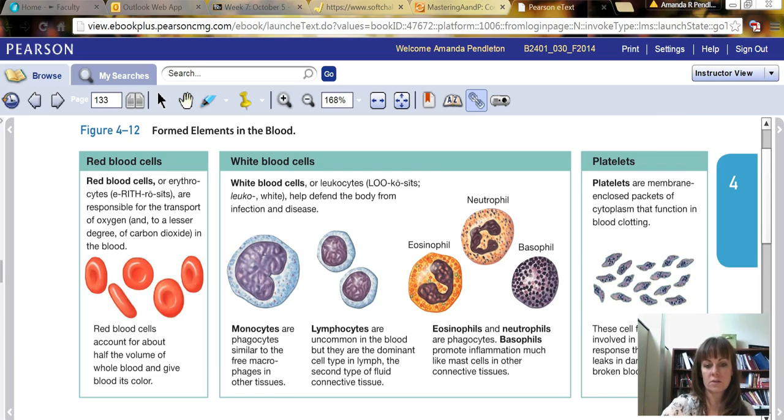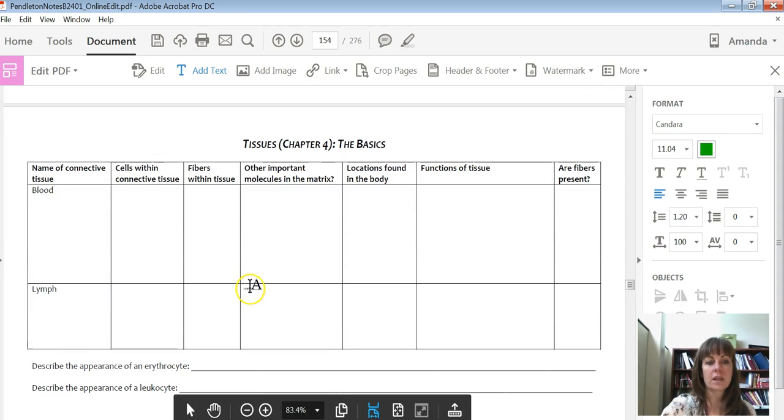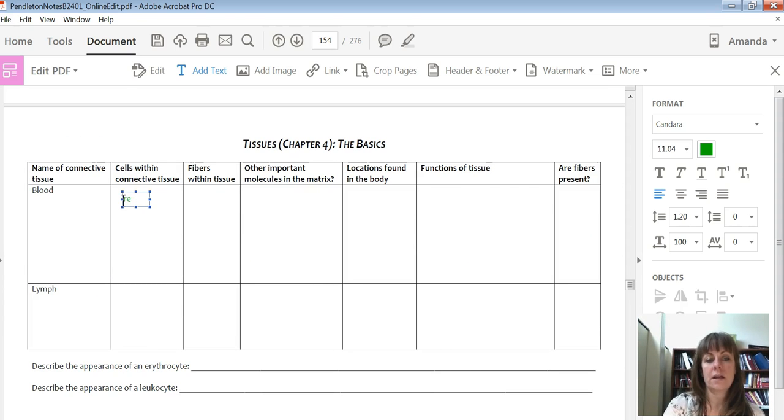Now if you look in your notes packets, blood is going to have red blood cells or erythrocytes. It's going to have leukocytes, those are white blood cells, and it's going to have platelets. Okay, but lymph, on the other hand, is only going to have leukocytes found in it.